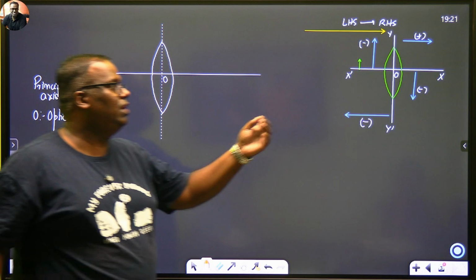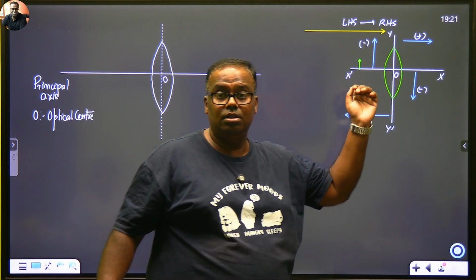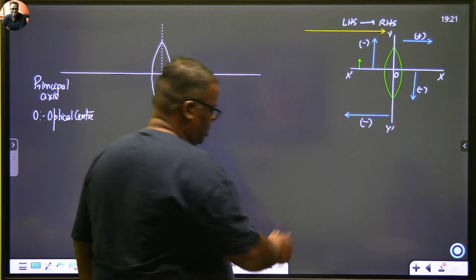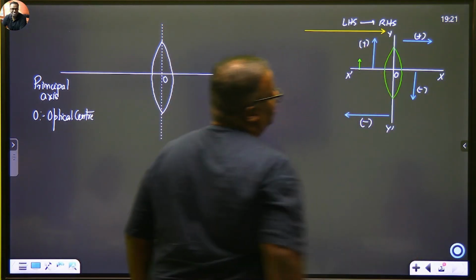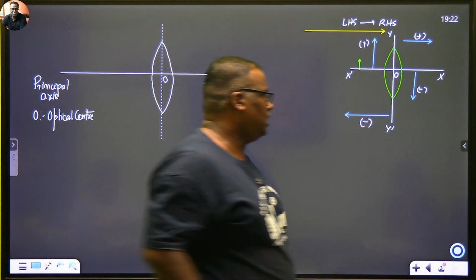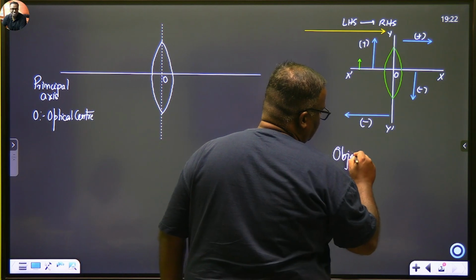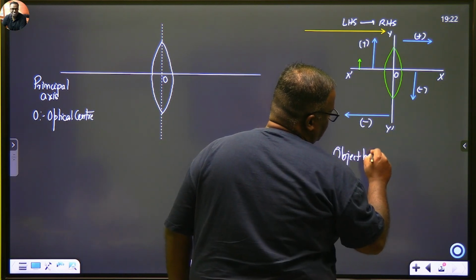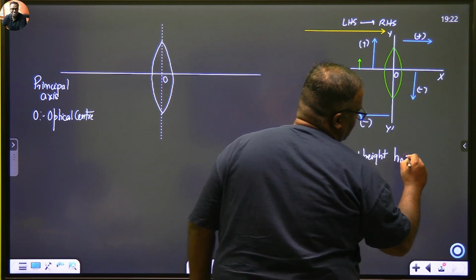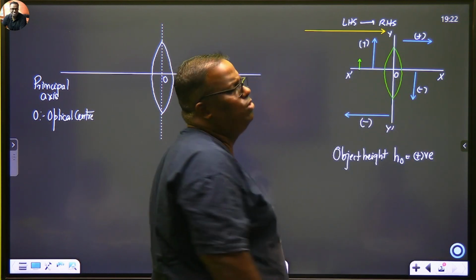And everything that we are going to measure from the optical center. Which one? Oh, that should be positive. This one. This will be positive. Clear? So the first thing that comes to us is the object height, which is always denoted by HO, and HO by default will always be positive when we do numericals.